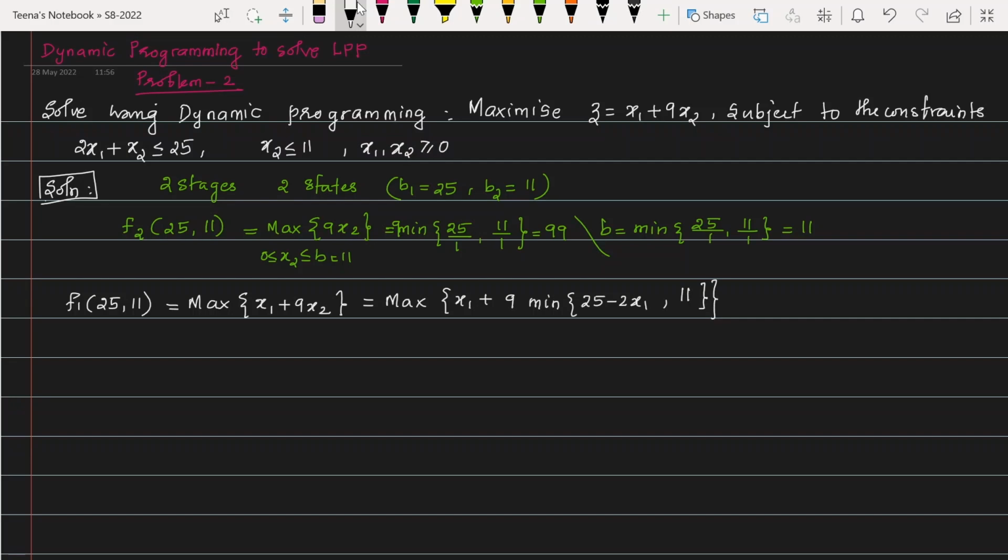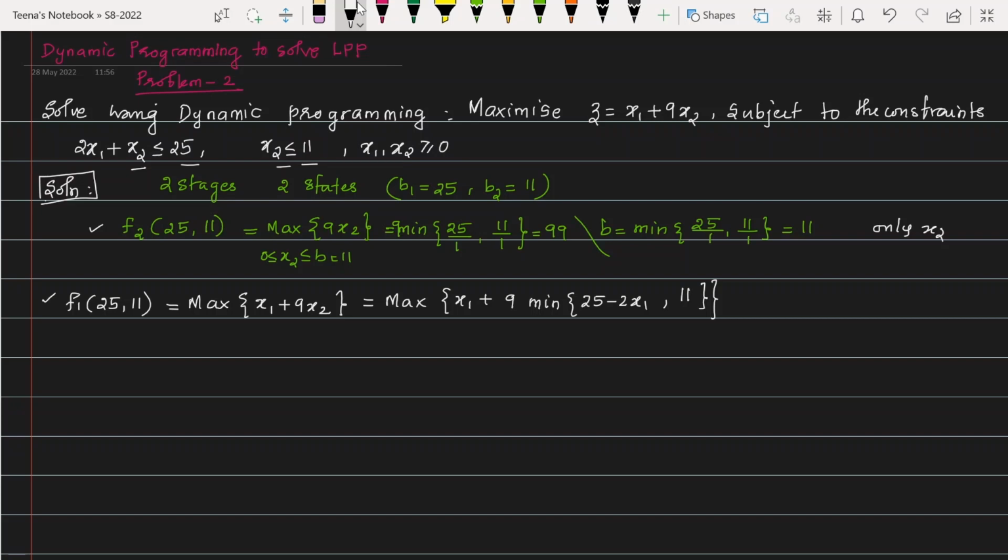Now note the difference between the second stage and the first stage. In the second stage we had only x2, so we considered the minimum over 25 by 1 and 11 by 1. But in stage 1 we have to consider both x1 and x2, so we consider x2 in terms of x1.